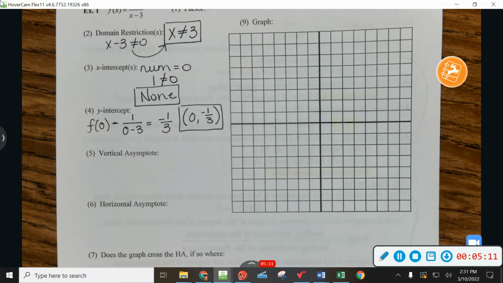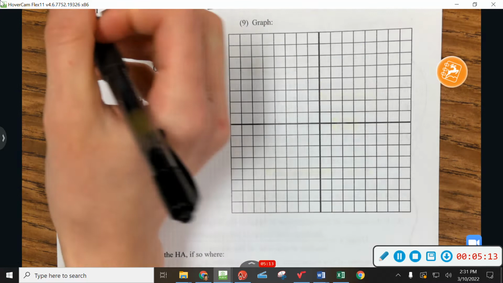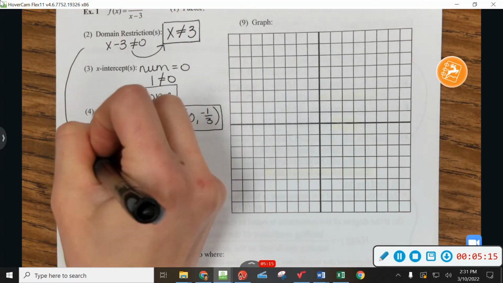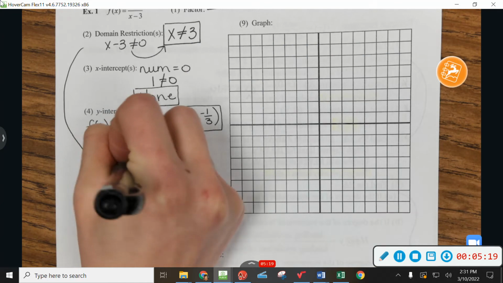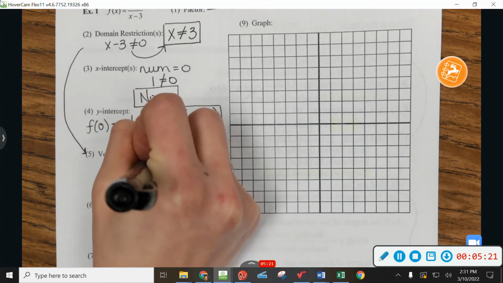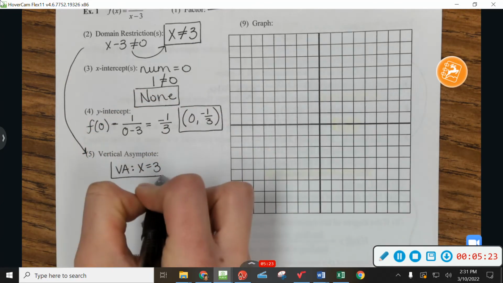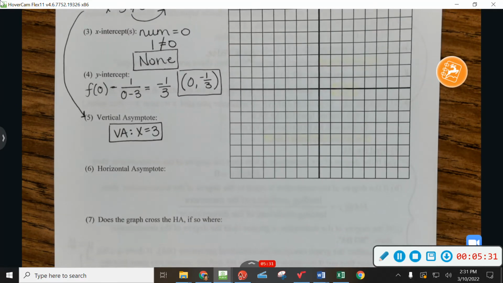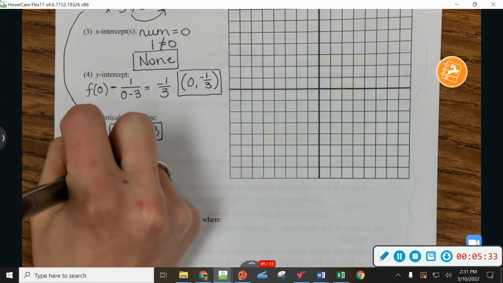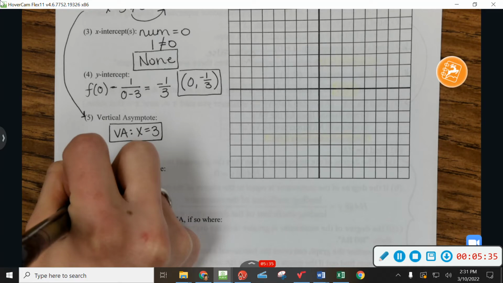Your vertical asymptote is what your restriction on the domain is. So if x cannot equal 3, then that tells me my vertical asymptote is x equals 3. Y'all good so far? Okay. Now the horizontal asymptote, we're looking at the degree of the numerator and we're looking at the degree of the denominator.